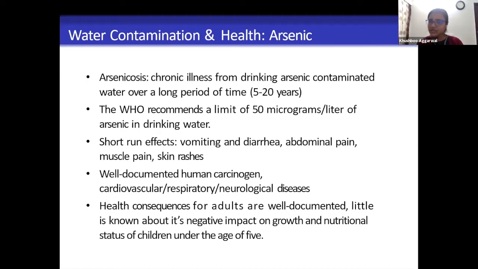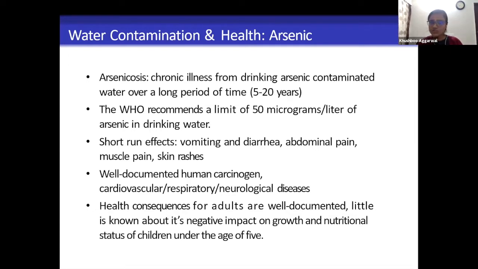Some of the short-term impacts are vomiting, diarrhea, abdominal pain, muscle pain, and skin rashes, and prolonged exposure to such contaminated water leads to several fatal health outcomes, such as cancers of the urinary tract, respiratory diseases, and other neurological diseases.